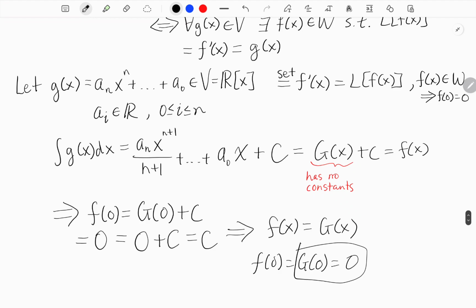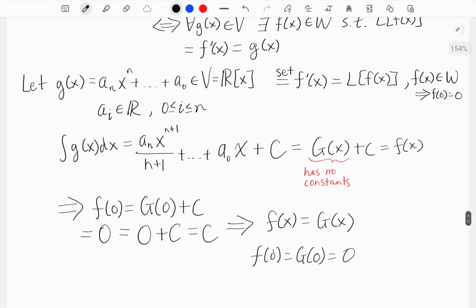Indeed, this is true, because g of x is a polynomial with no constant. It's just x's. When you plug in 0 into the x, you just get 0 plus 0 plus 0 plus 0, which equals 0. So all you have is 0.